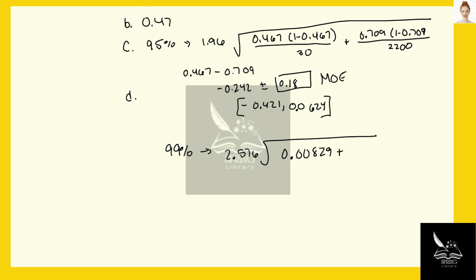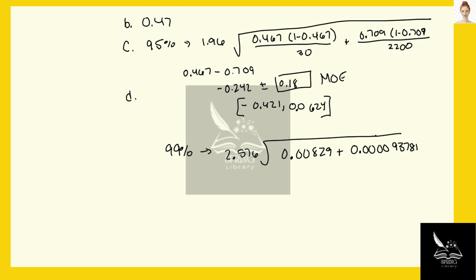That's going to be 0.00829, plus 1 minus 0.709 times 0.709, divided by 2,200, and that's 0.000093781 plus 0.00829.